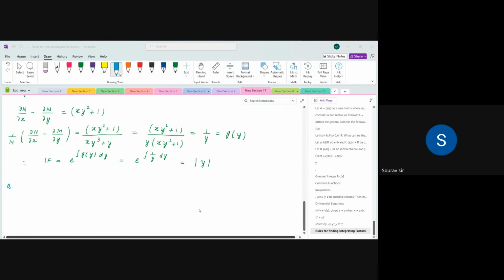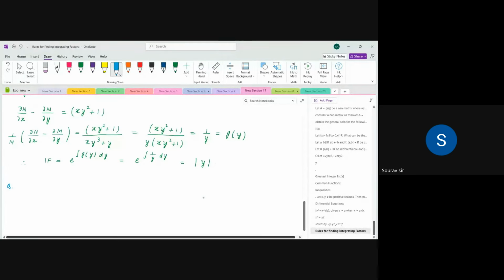In that case, dividing by N and also by M, both we get constant, then either of them will be fine, right? Anyway, integrating factors are not unique. So you can find out the integrating factor as a function of x or a function of y. In that case, it won't be a problem.